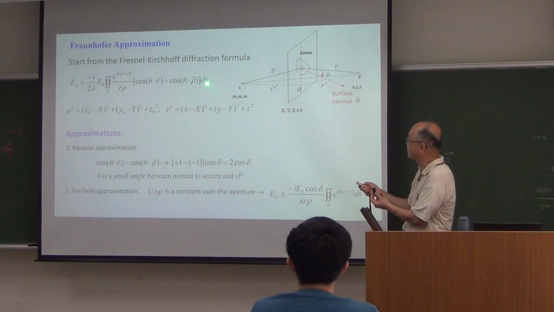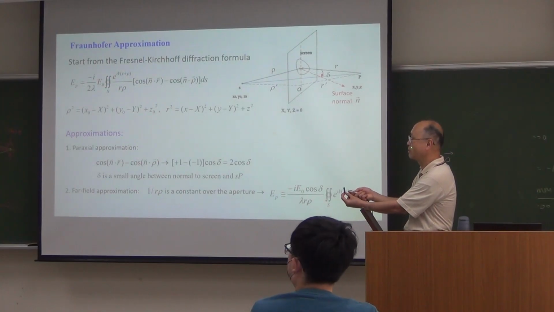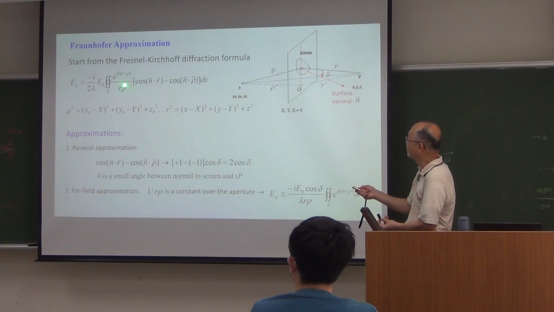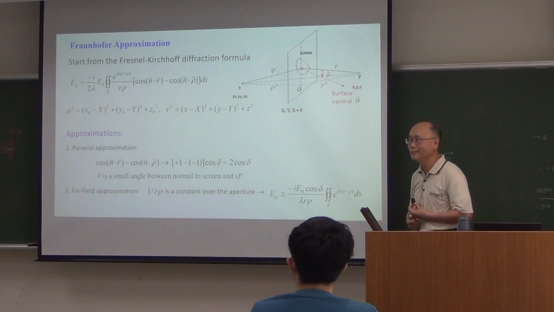Remember that this is a surface integration. You only open a small hole here, so this integration is over a 100 micron aperture size. Compared with this meter-long distance, this is nothing. Take it out.